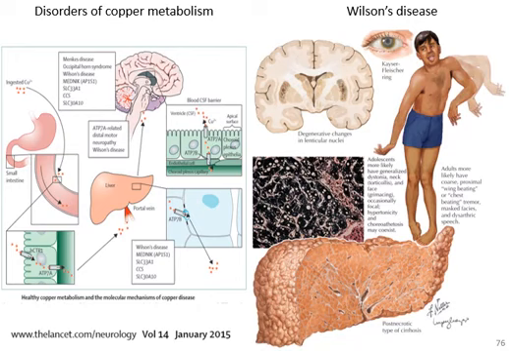copper. In Wilson's disease, due to the central nervous system accumulation, you can see degeneration in the basal ganglia, typically in the lenticular nuclei, subthalamic nuclei, and it will lead to hyperkinesia.